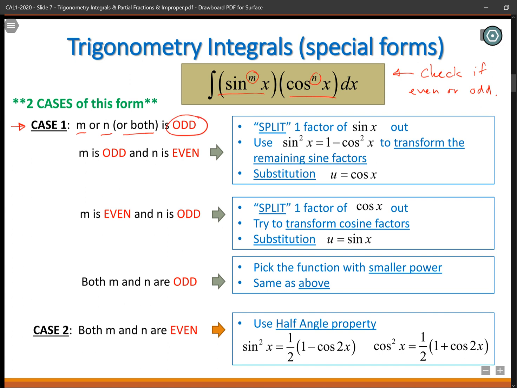That is case 1. And for case 1, we need one strategy to solve this, and that is STS: split, transform, and substitution.